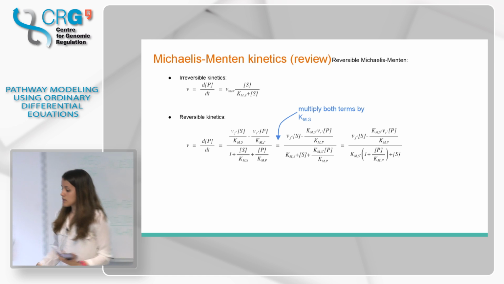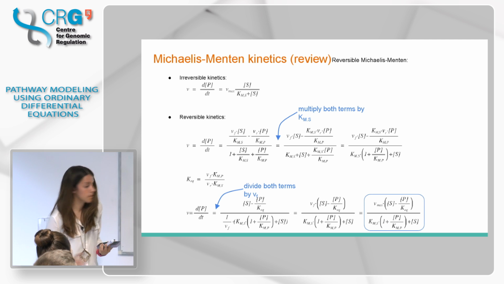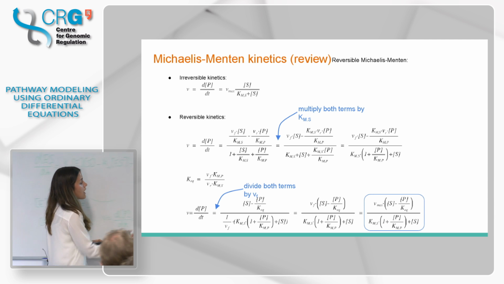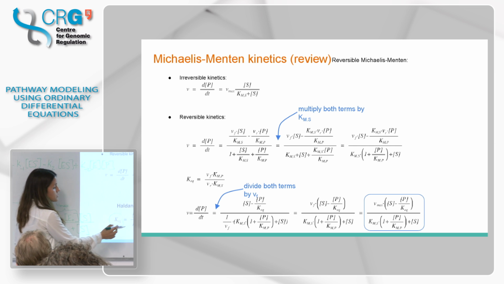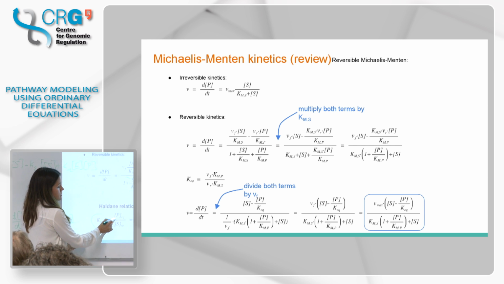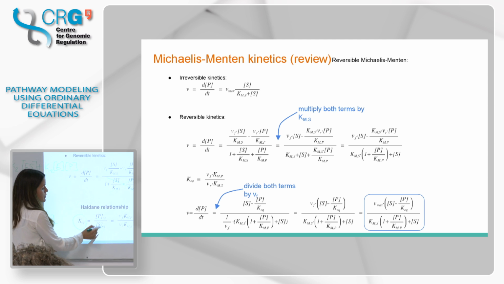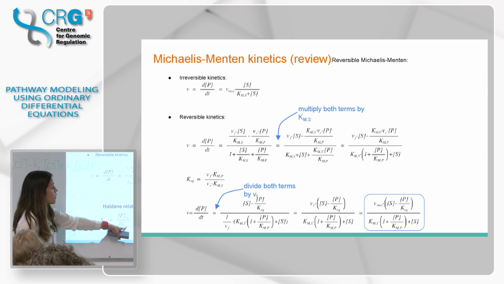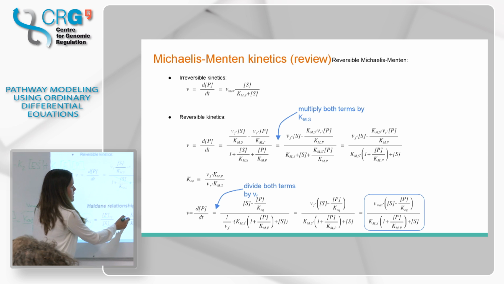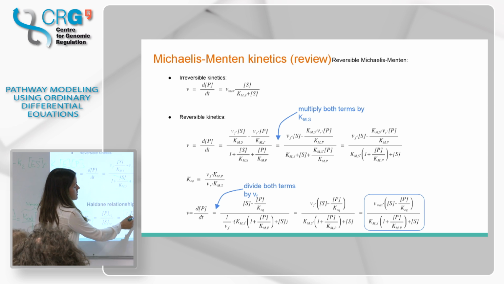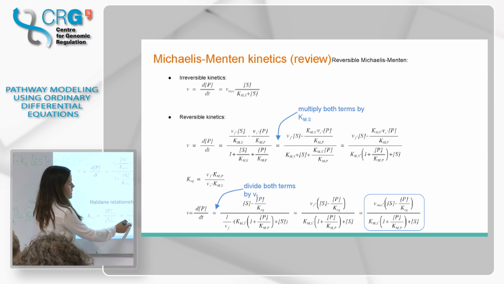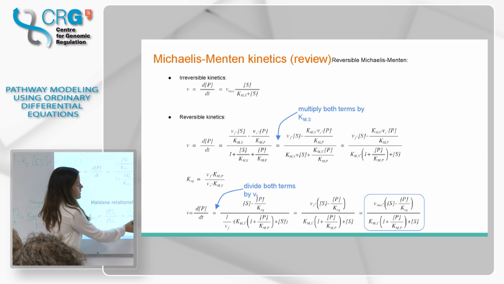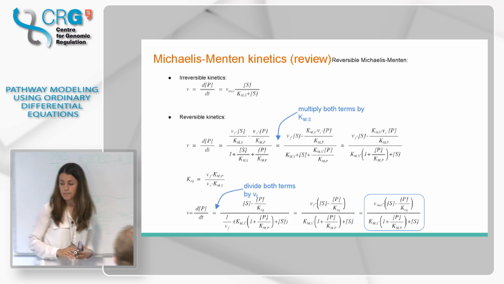We're organizing this a little bit. We can get to the Haldane relationship, in which we have the equilibrium constant, which is equal to the concentration of the product in the equilibrium divided by the substrate concentration in the equilibrium. Or this is the same as forward rate multiplied by this kinetic constant for the product divided by the reverse rate and the kinetic constant for the substrate.